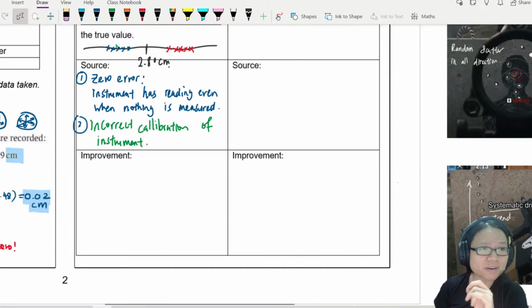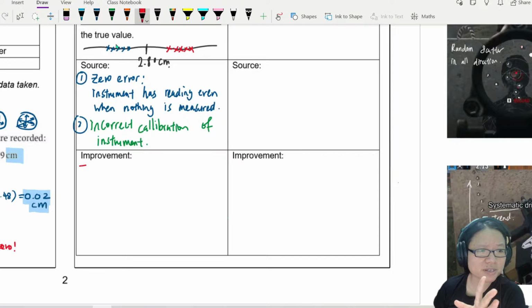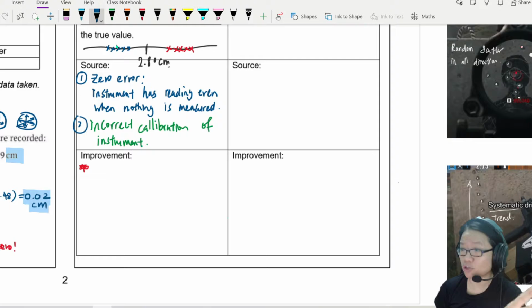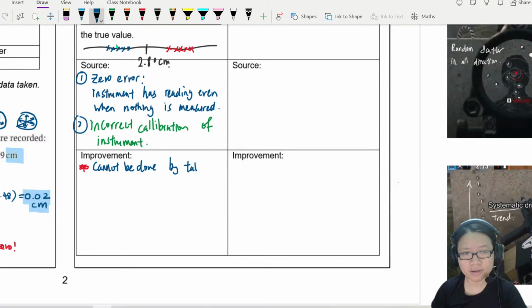So I'm going to put a big note here, a big red star, and say, unfortunately, systematic error cannot be improved by taking repeated readings. So the improvement cannot be done by taking repeated readings and averaging.